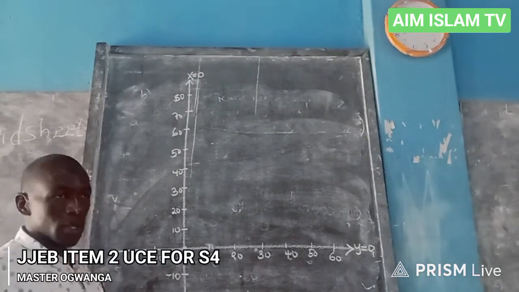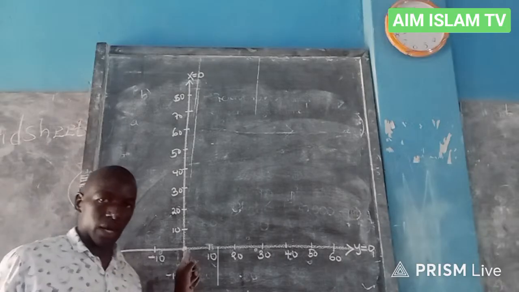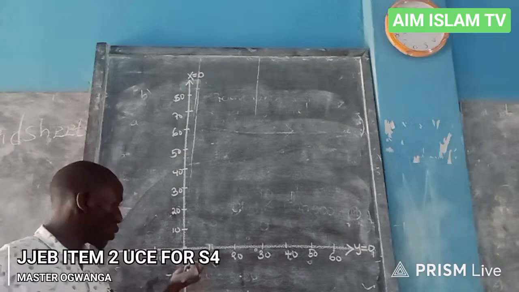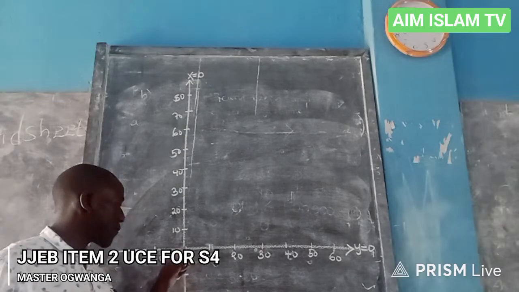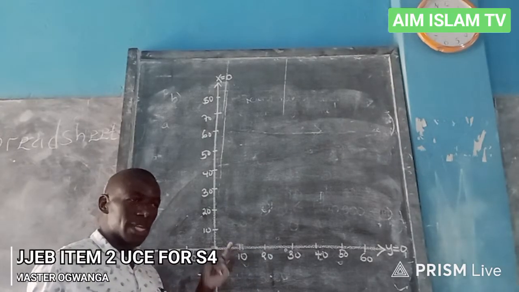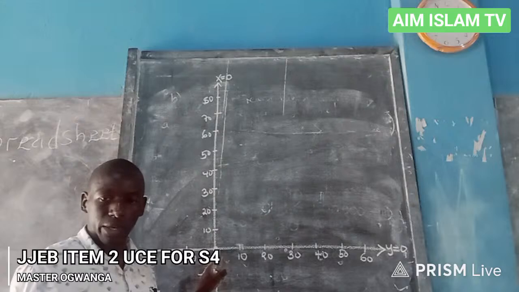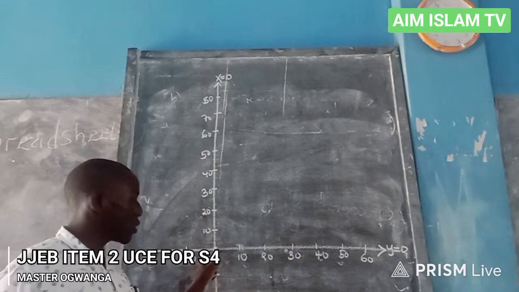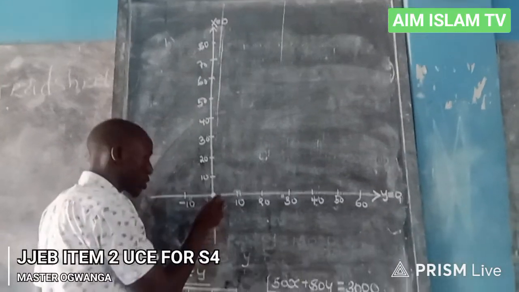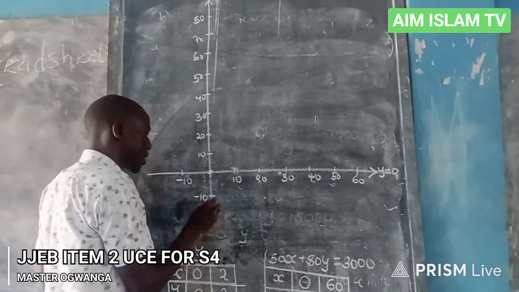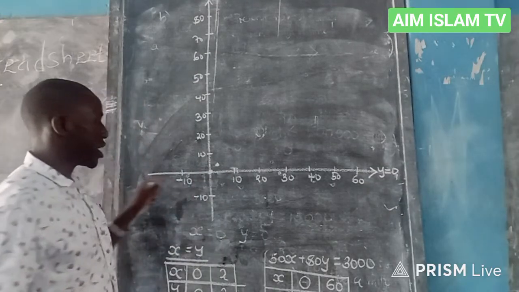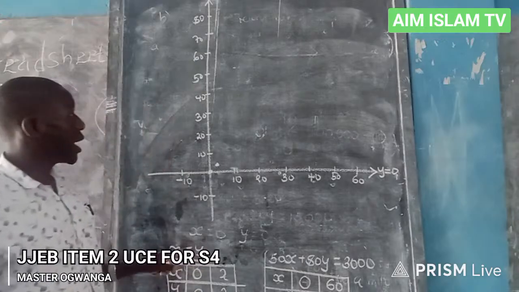From your graph, you're going to be able to draw it very well. But from mine, since I'm not going to use the graph, I am going to estimate. At least if I get from here up to there, there are 10 small boxes, meaning that at this point, each small box represents 1 unit. And if I want 2 units, I'm going to count 2 small boxes. So mine, I am assuming that it is here, maybe here. So this will make me put my point at that.